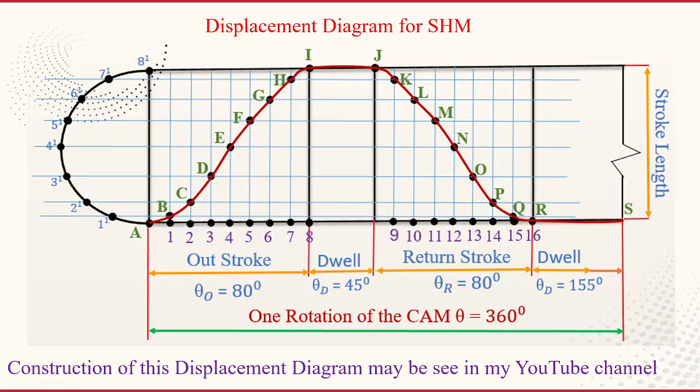For the complete stepwise procedure of the construction of this displacement diagram, you may watch my videos in my YouTube channel. I need not spend more time to explain in detail about this displacement diagram. It's already available in my YouTube channel.